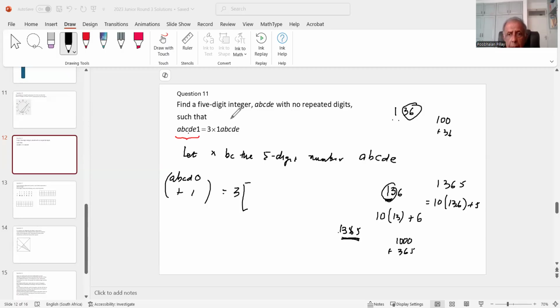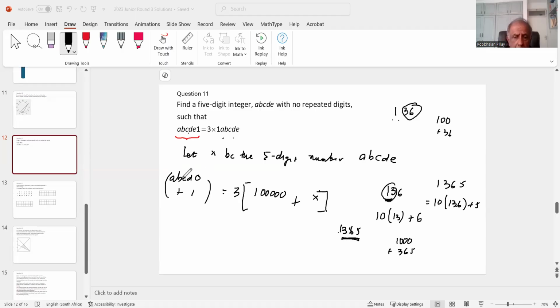So what is this number? This is 1 with 5 zeros, 0, 0, 0, 0, 0, plus your A, B, C, D, E, like what we saw here, 365 or 36. So that's your x.